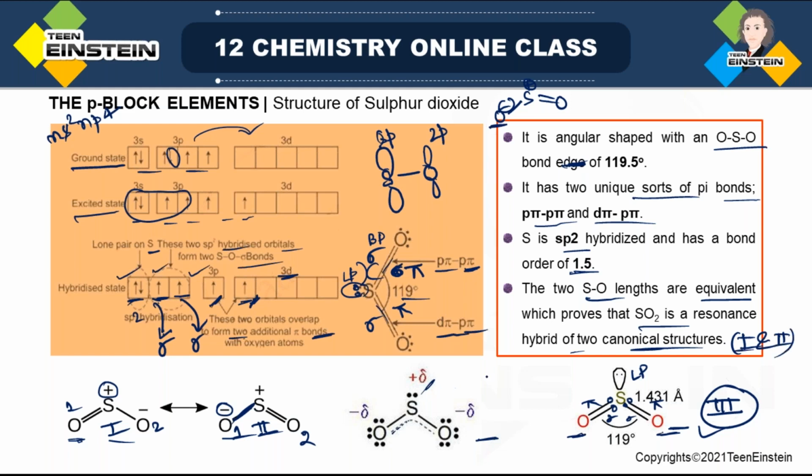If it is not the case, suppose this structure is fixed, that is structure 1, then the oxygen-sulfur bond lengths should be different, that is, two different types of bonds are present. One is the O-S double bond, another one is a single bond. But that you are not getting. You are getting equivalent S-O bond lengths, which proves that you have to consider the average structure. Okay, any doubt?